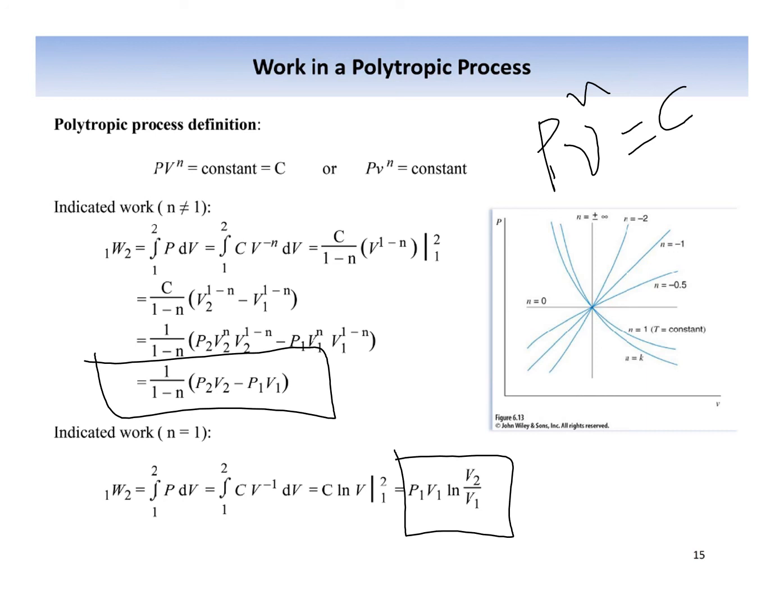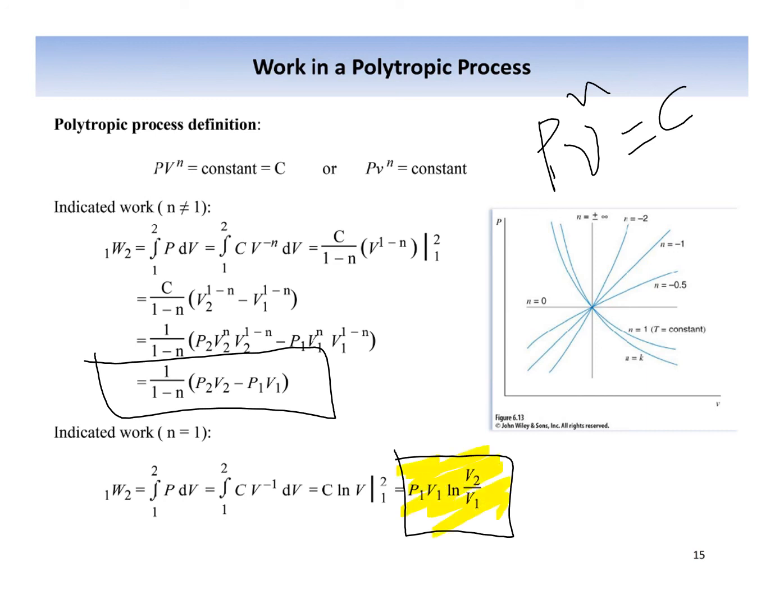And here there are two different formulas. If n is equal to 1, then we can use this formula which I highlighted in yellow.